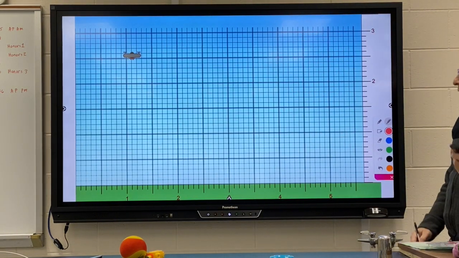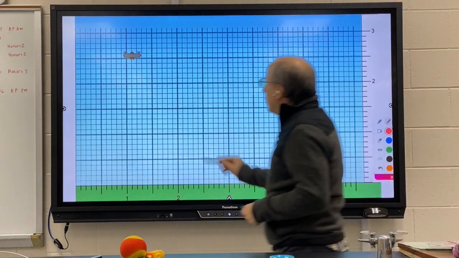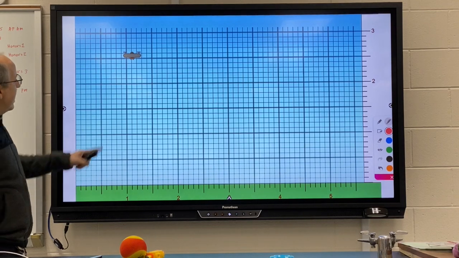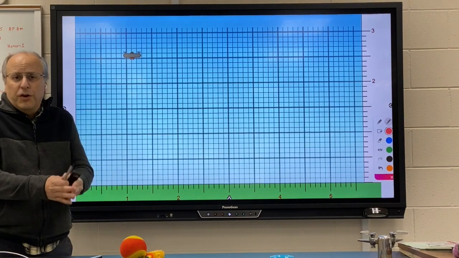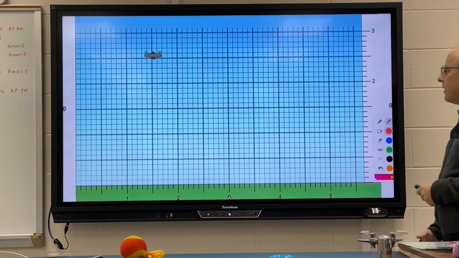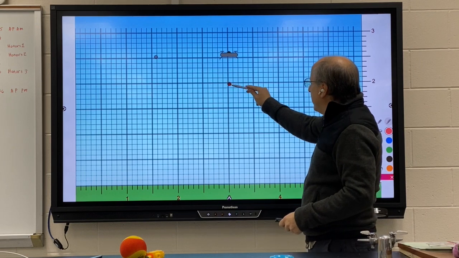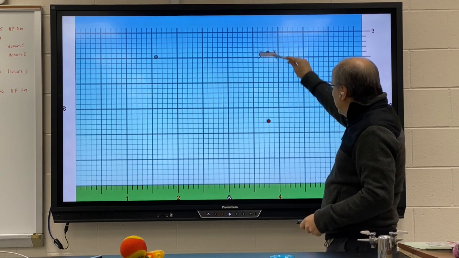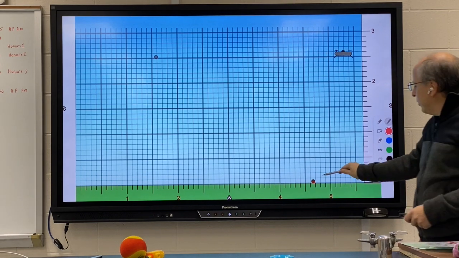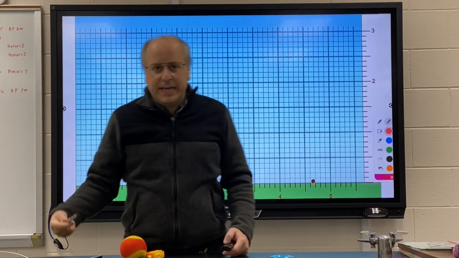We could see this really well in this video I'd like to show you. So this is a little drone flying over a football field, and at some point I'm going to trigger the drone to release a ball. And you'll notice that as the ball falls, it continues to move horizontally at the same speed as the drone. So when it hit the ground, the drone was directly above it as it was hitting.